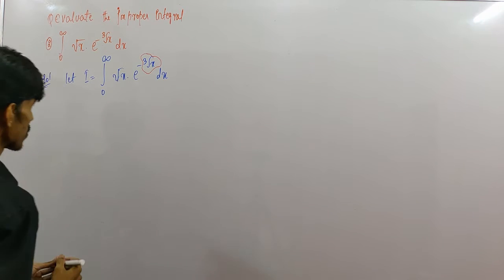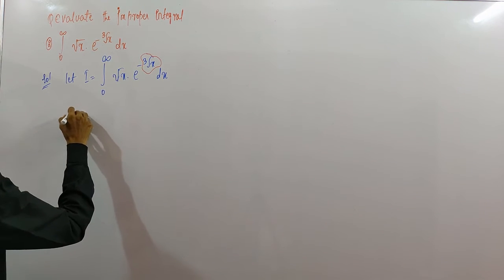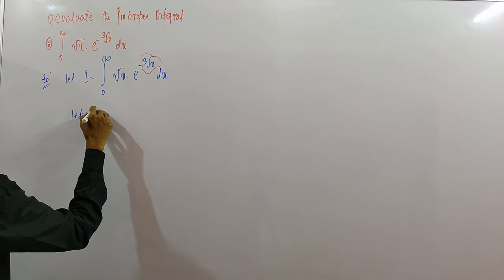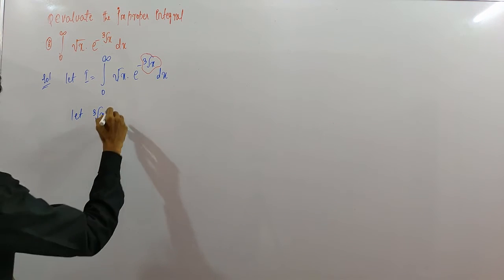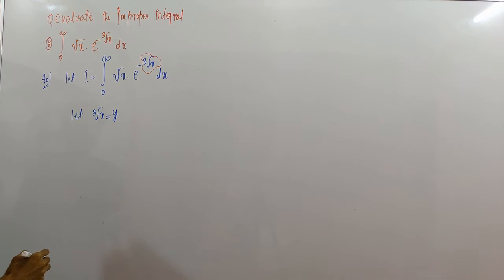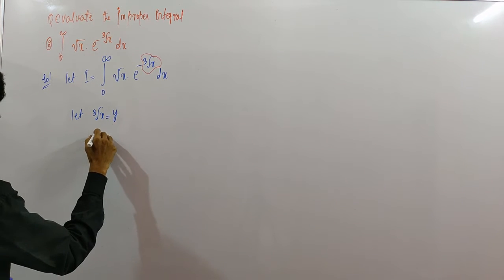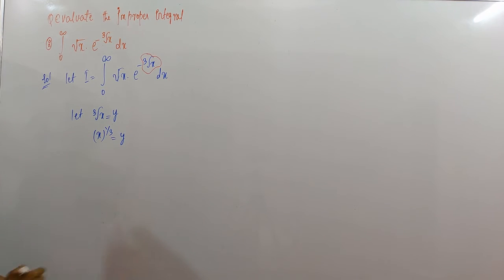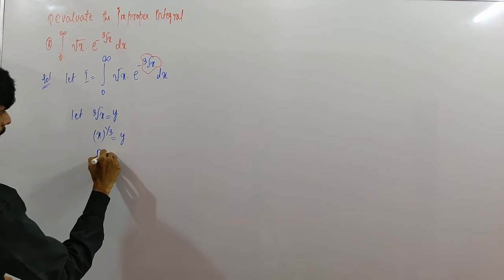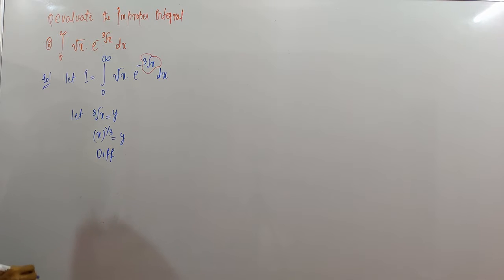So let us suppose this cube root of x is a dummy variable y, that is x power of 1 by 3 is y. Now differentiate with respect to y.